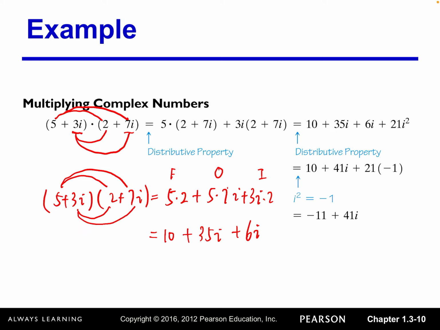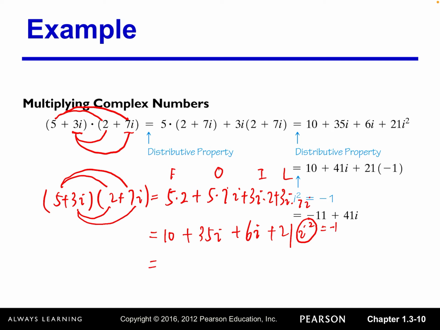And then last. The last term is 3i times 7i, right? 3 times 7, that's 21. And then I times I, that's I squared. Is that right? And then remember, by definition, I squared equals -1, right?